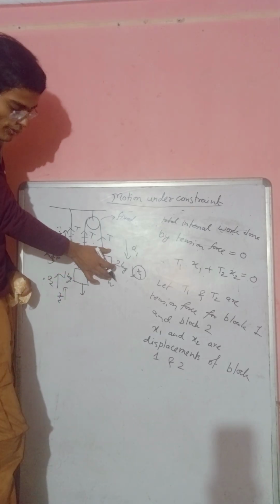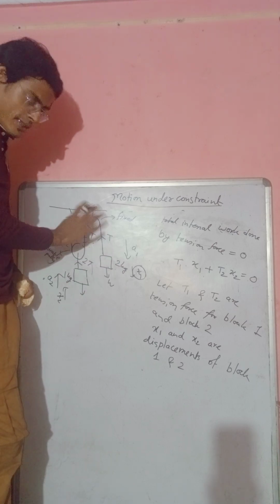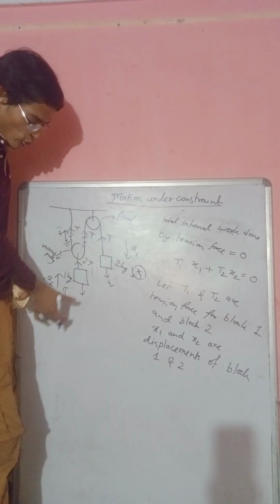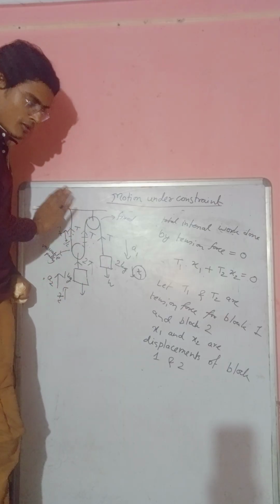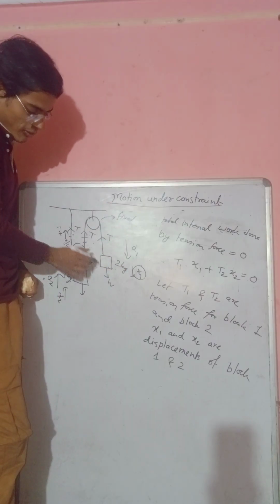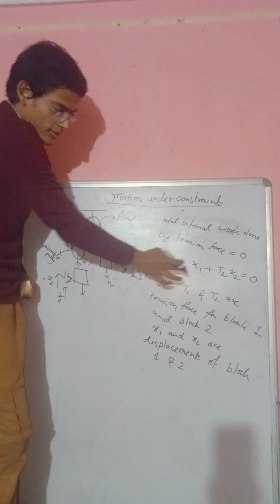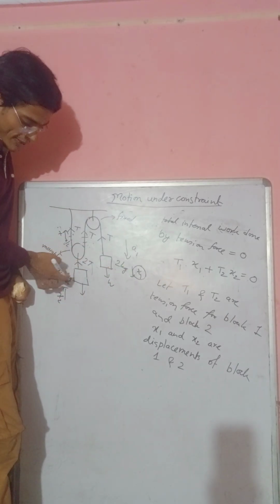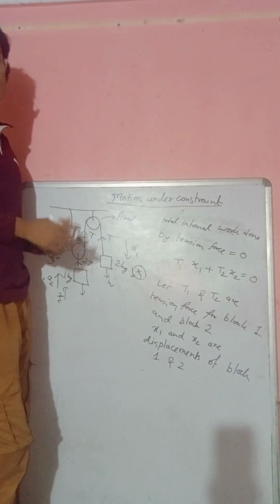This block moves down by x1, tension force is T1. Suppose this block moves up with the displacement x2, tension force is T2. Now the work done by the tension force for this part, T1 multiplied by x1, plus for this block T2 multiplied by x2, equals 0, because the total internal work is 0.